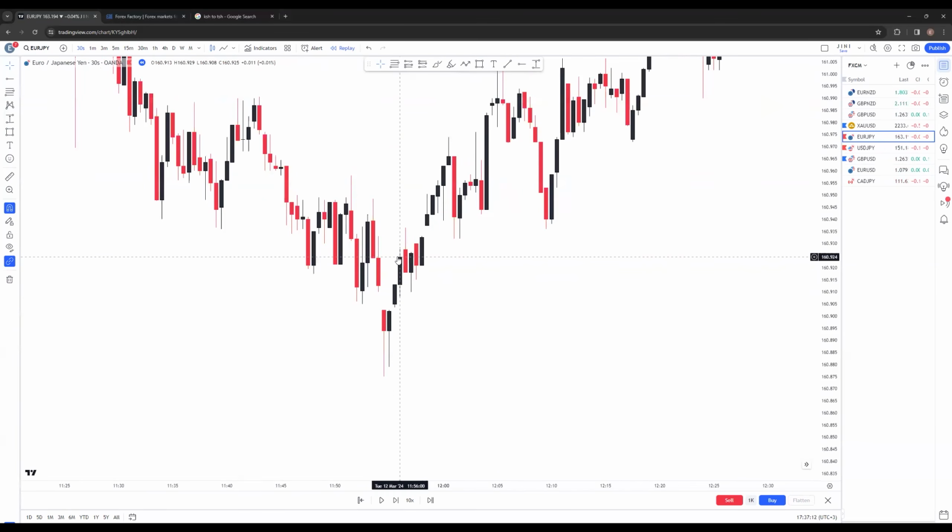After this bullish close, this bearish opens. And then after the bearish close, bullish open. Bullish close, open, bullish close, open, bullish close, open, bullish. So this was the formation.